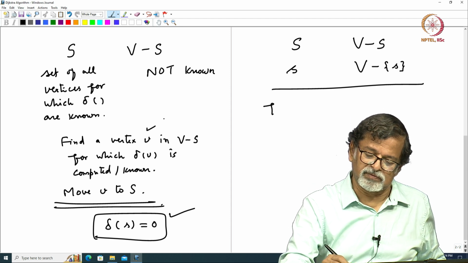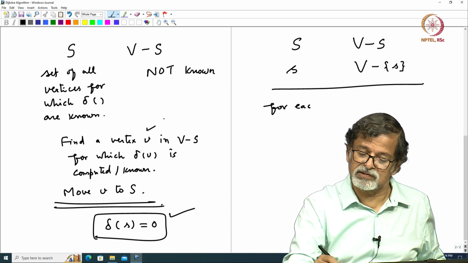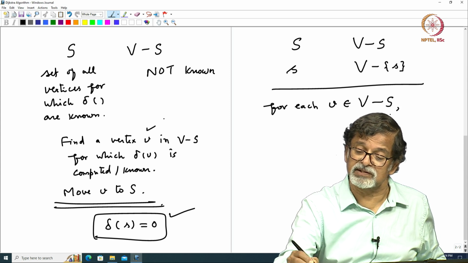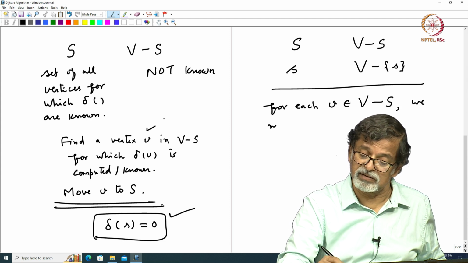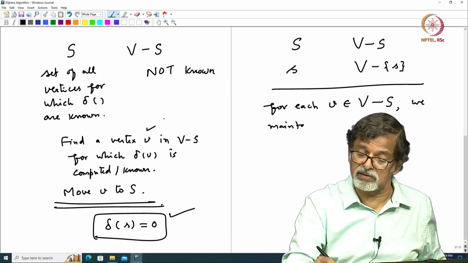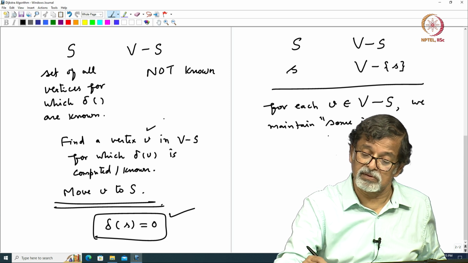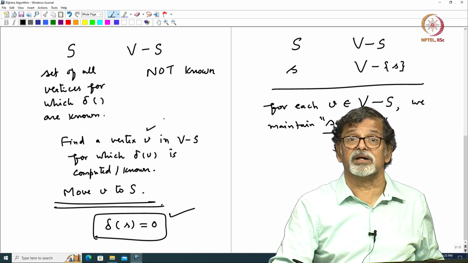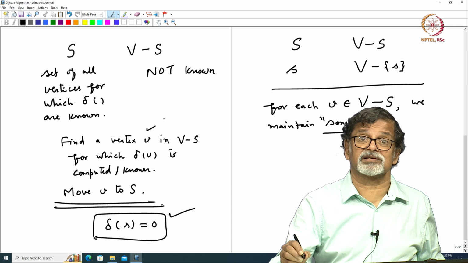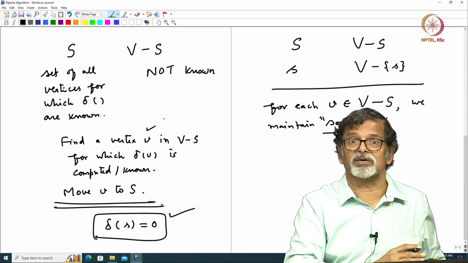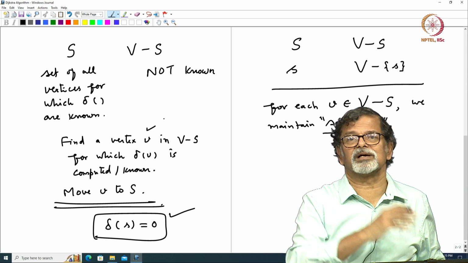So, for each vertex V in V minus S, we maintain some info that helps to determine a vertex for which the shortest path weight can be computed.